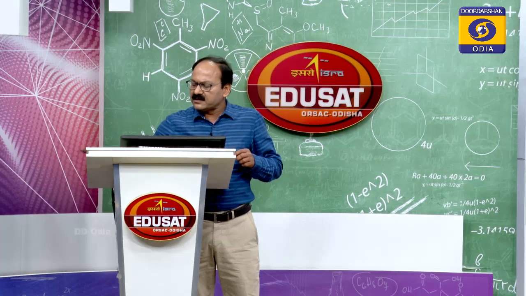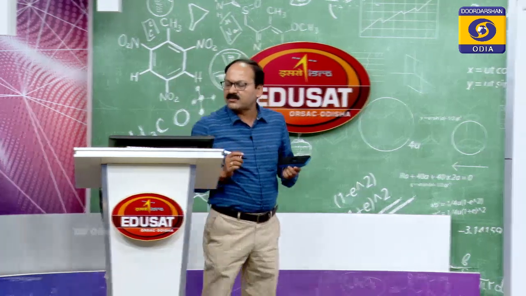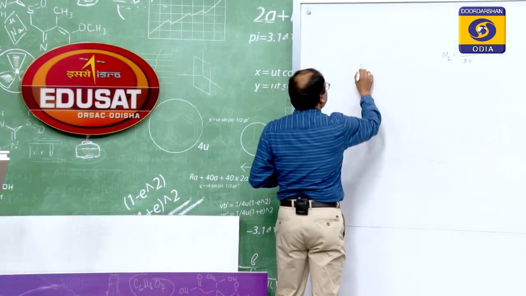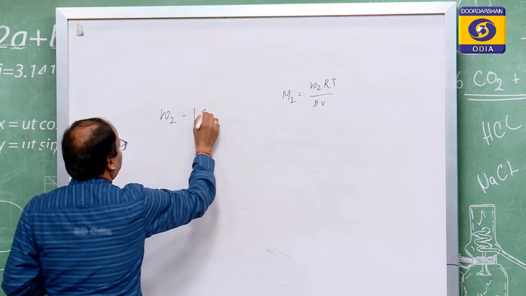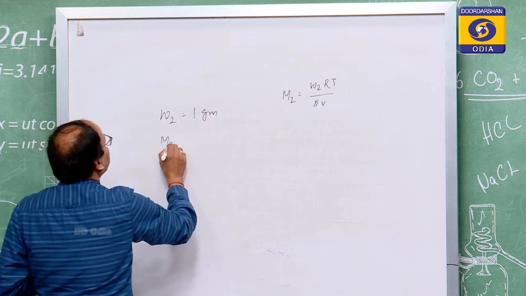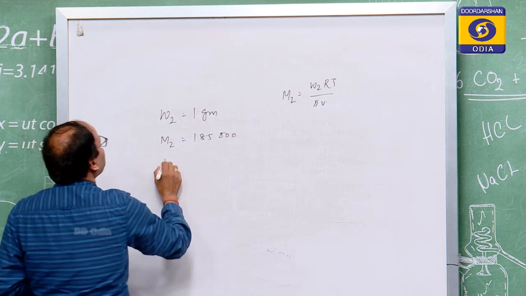Dissolving 1 gram of the polymer having molecular mass 185,000, that is W2 is 1 gram. You can look into this numerical given in the slide. M2 is 185,000 molecular mass.